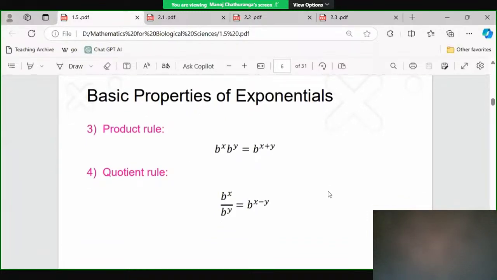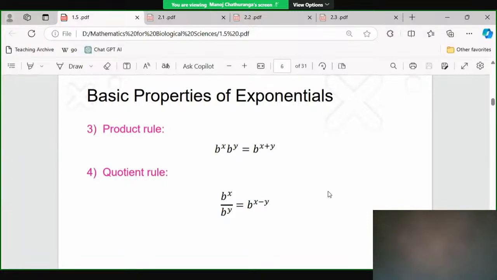One of the key important properties of exponential functions is that it turns products into summations. When you multiply two powers with the same base, the powers get added.